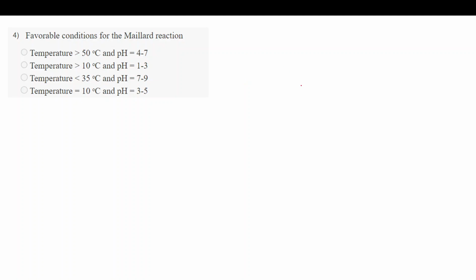So for yeast to have a favorable fermentation reaction, around 35 to 37 degrees is advisable. However, if temperature is maintained above 50 degrees and pH at 4 to 7, then in that case, the Maillard reaction progresses.